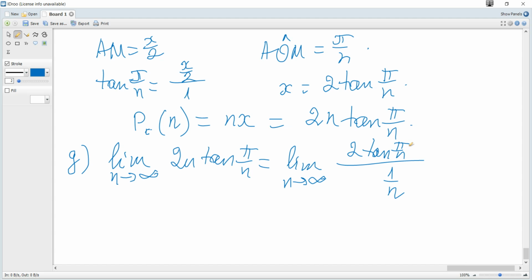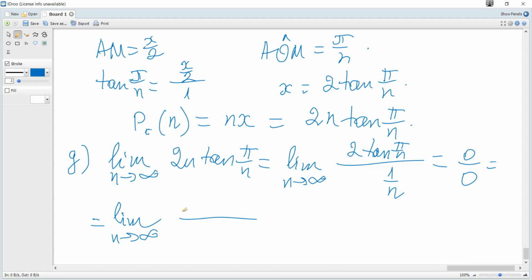Pi divided by a very large value is 0, so it becomes tangent of 0, which is 0, and 1 over n is also 0, so it's 0 over 0, an indeterminate form, and it means that we can apply L'Hopital's rule. This limit becomes the limit as n tends to infinity of the derivative of the numerator divided by the derivative of the denominator.